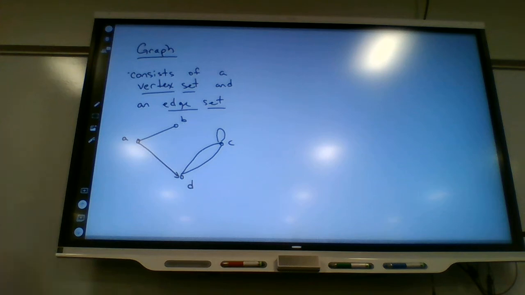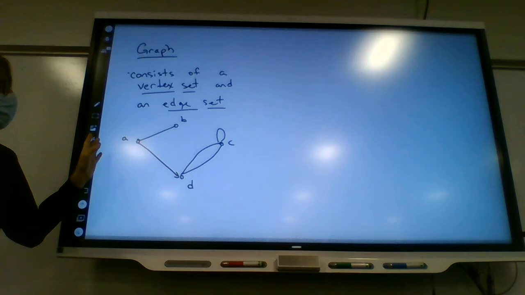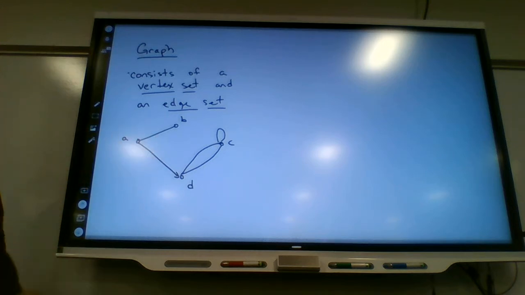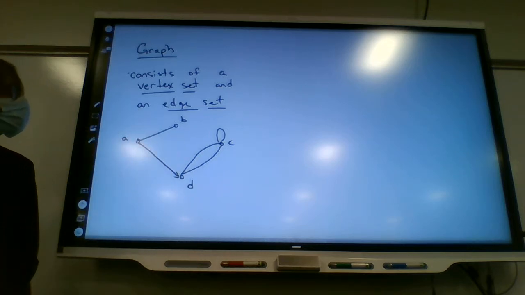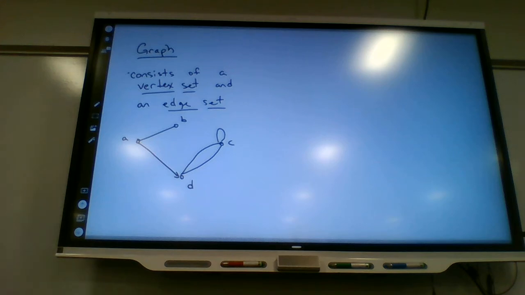All right, so the idea is the vertices just represent things, and the edges represent relationships between those things. So in this situation, we might have 4 cities. The vertices represent cities, and the edges represent flights that are available between cities.